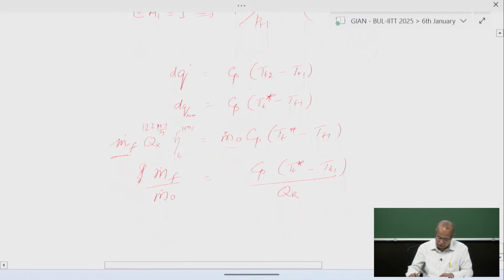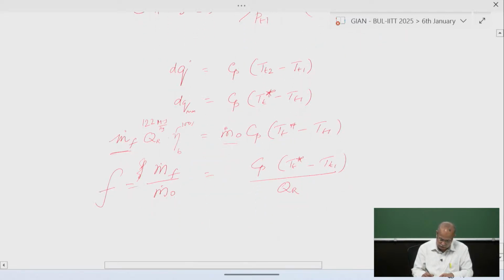So mass of fuel to mass of air is the fuel-air ratio that is required to thermally choke the combustor. How much did he say? 0.018. Okay.